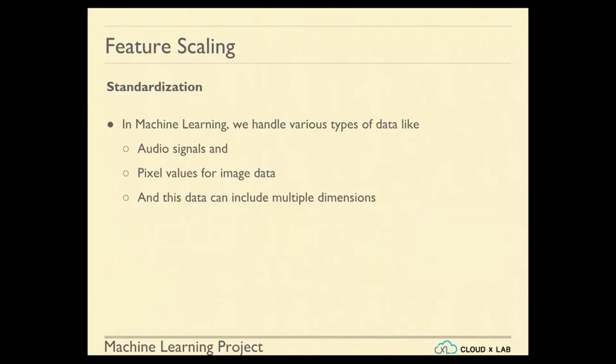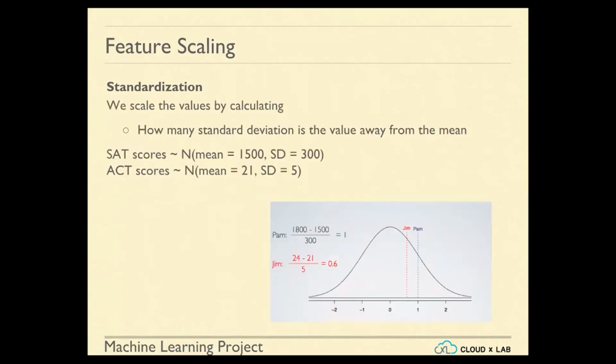Okay, standardization is good for cases where, as we discussed, we don't know the data and the data is going to vary a lot, such as audio signals, pixel values from image data, and so on. In those cases, we use standardization, and standardization is essentially finding how many standard deviations a particular value is away from the mean.